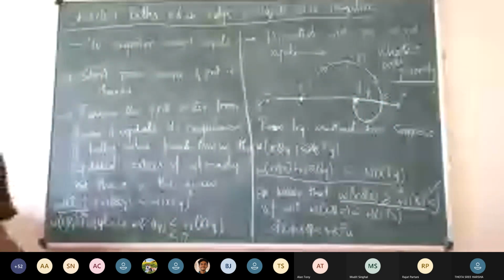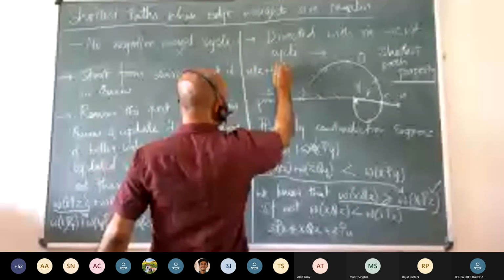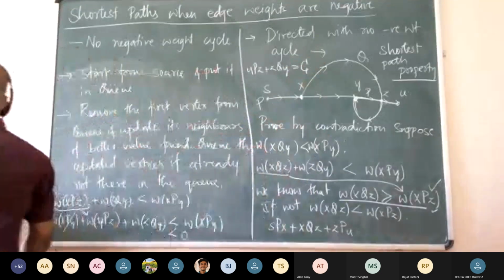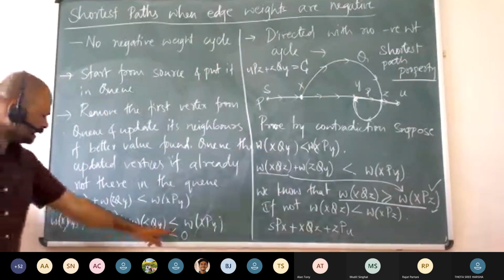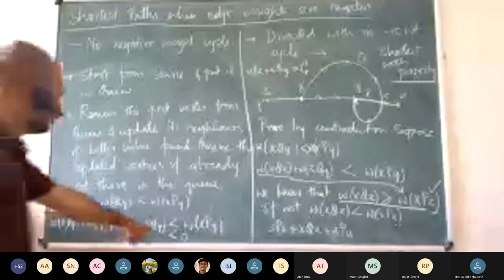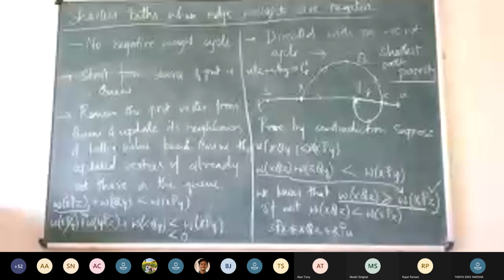Notice that YPZ plus ZQY form a cycle, and the sum of the weights of all the edges in the cycle is negative. So this is a negative weighted cycle, which is a contradiction to our assumption that the graph does not have negative weighted cycles.